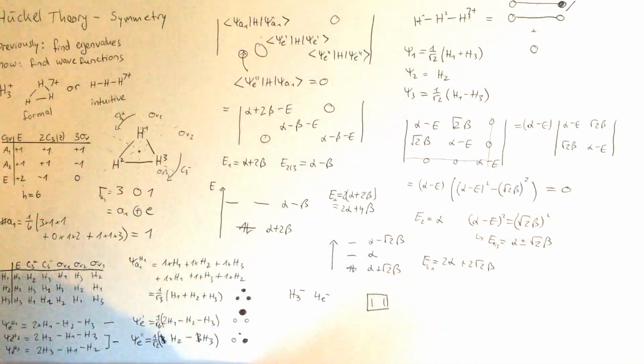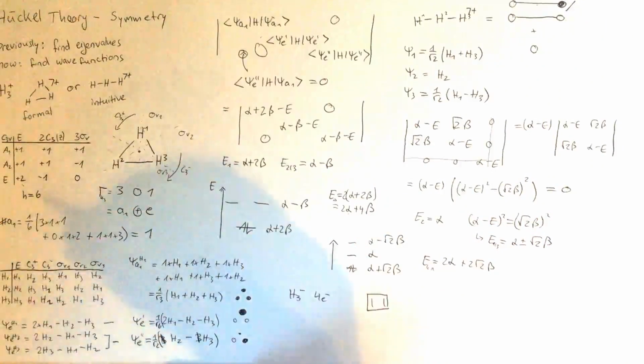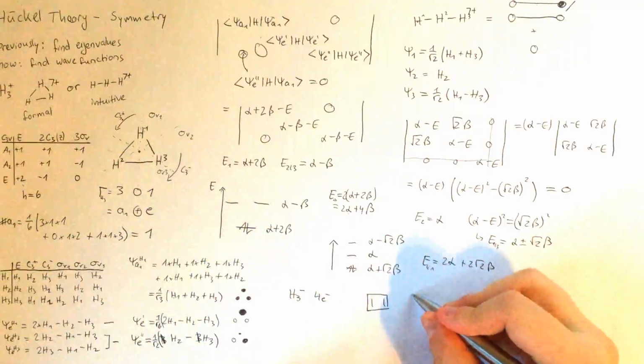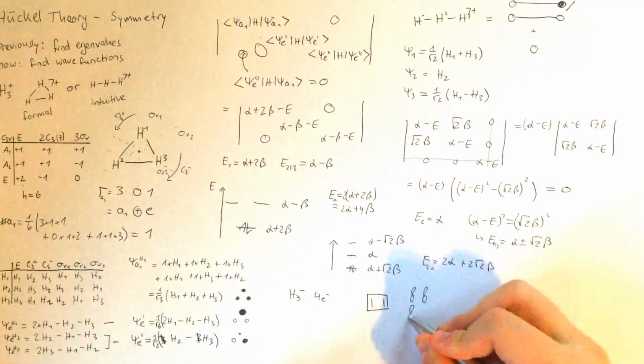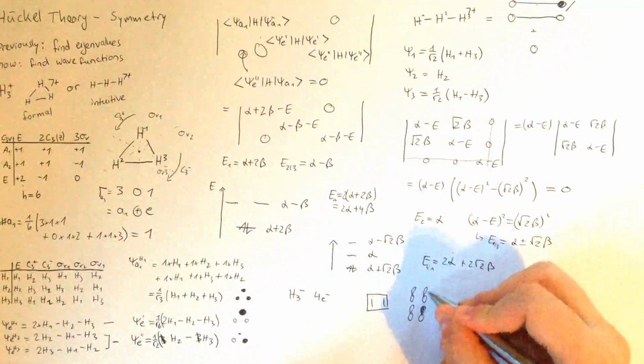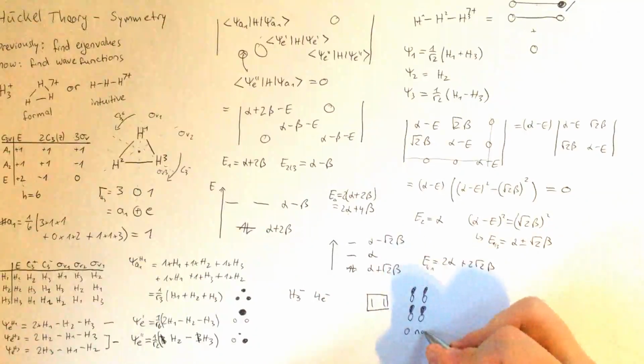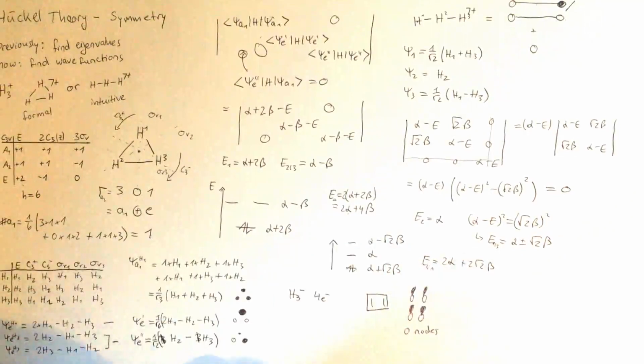Once you do a few of these symmetry analyses, you can get an intuition for the problem. So the lowest energy configuration will always be having all orbitals in phase so that we have 0 nodes.